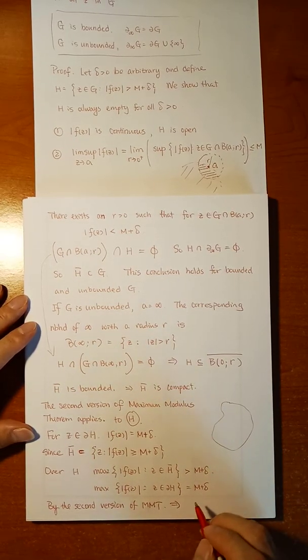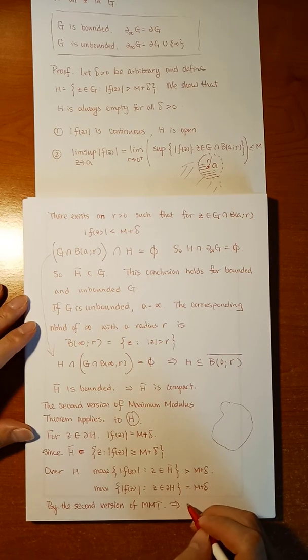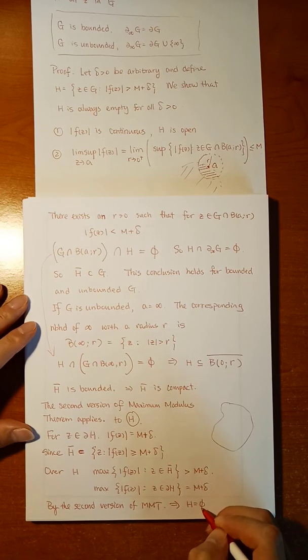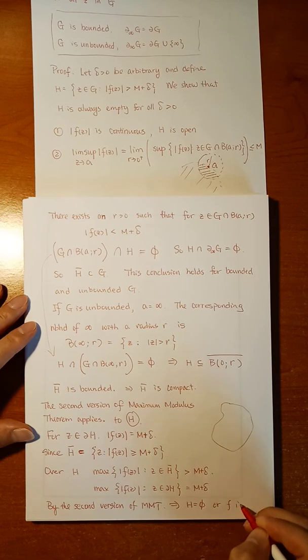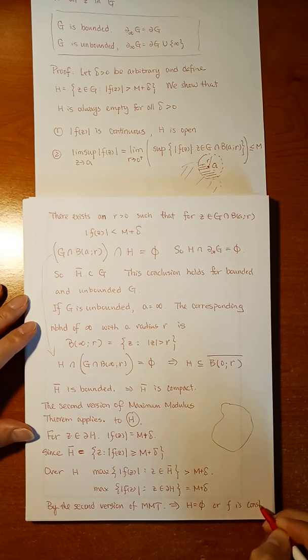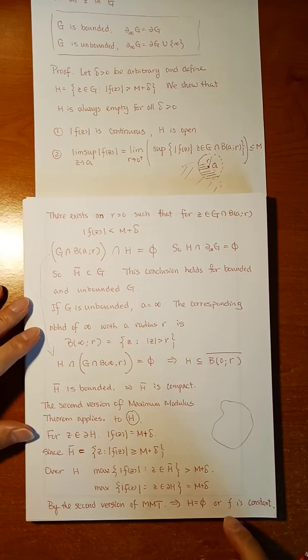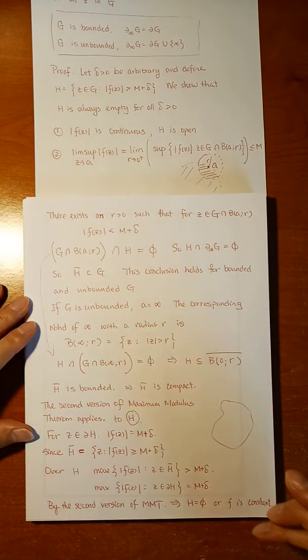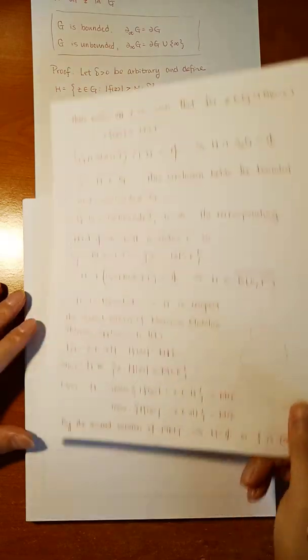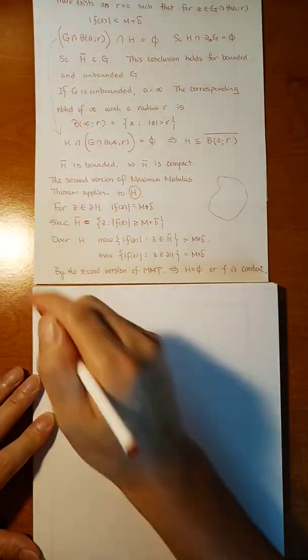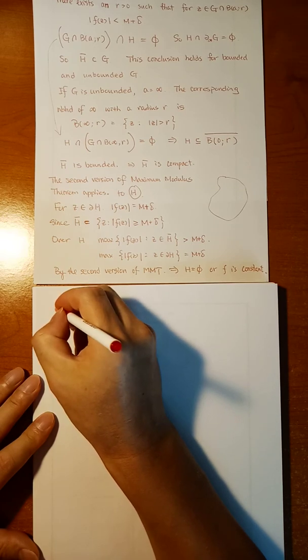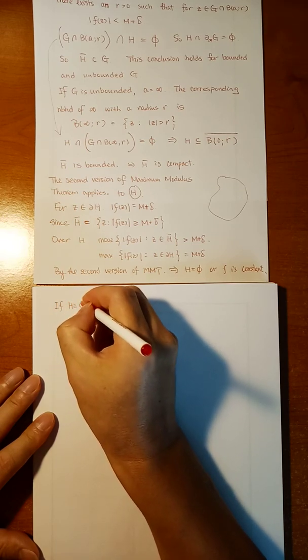This failed the MMT. The conclusion is that either H is empty or f is constant. Well, actually, H is empty, that's what we want. If H is empty, we are done.